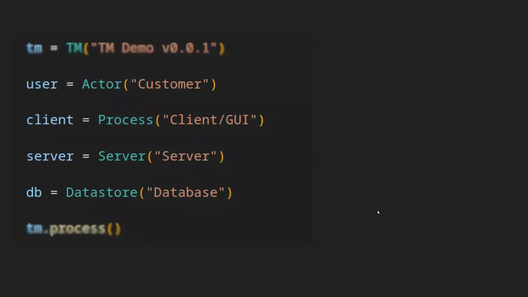So this piece of code goes in place of that ellipsis. You can see that the blurred lines are the definition of the TM and the call to tm.process. What we're doing here is defining 4 elements for our model: the user, the client, the server, and a database. Again, we give them names. These are going to appear in the diagrams, but the calls are pretty simple as they are.